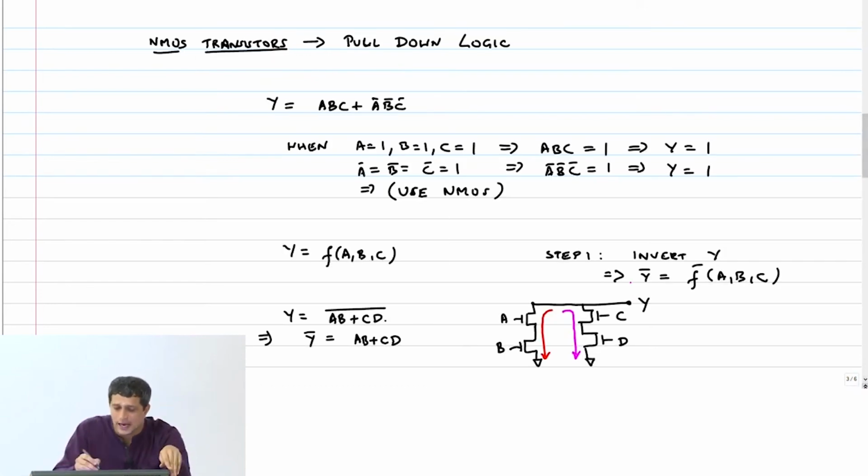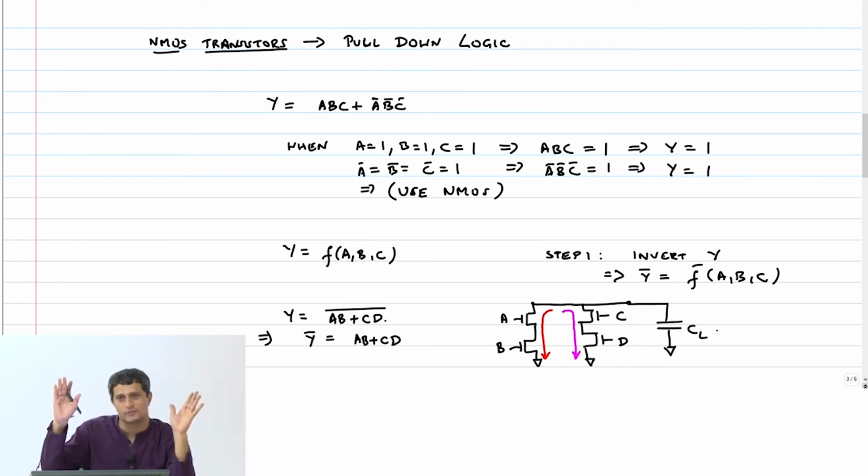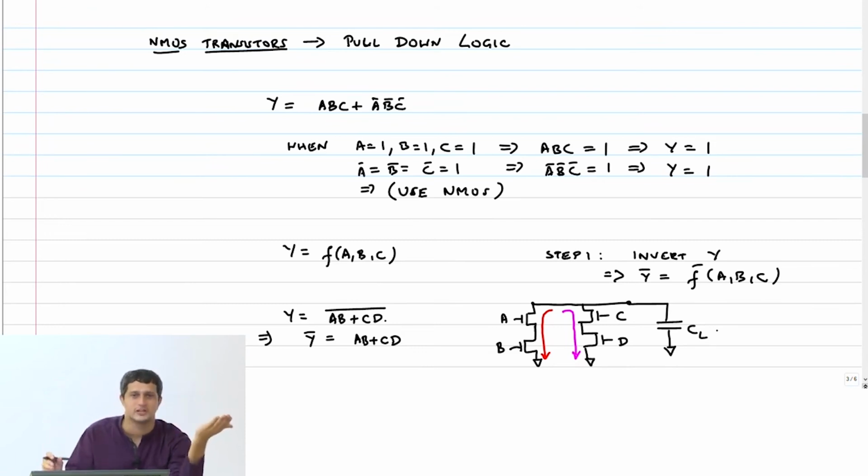What happens in the other cases, when these conditions are not satisfied, is you have a capacitor here, some parasitic capacitance, load capacitance, all of that. You have a capacitance here which is storing some value initially based on the previous state.